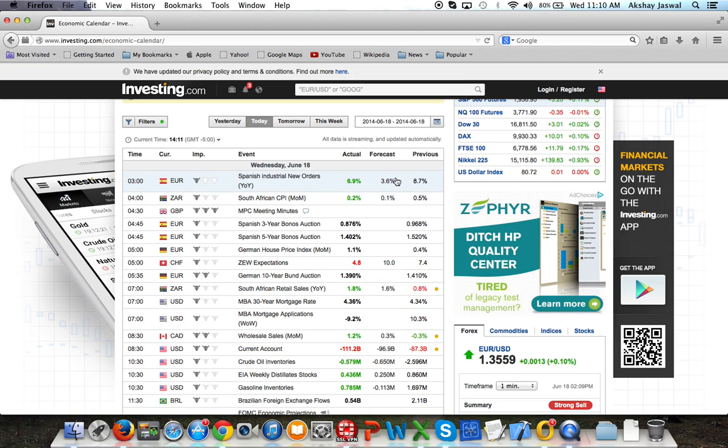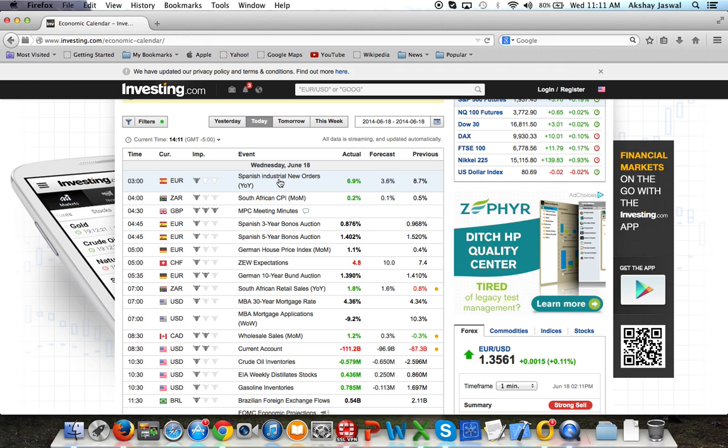Now if you see, the forecasted value for this event is 3.6%. The previous value was 8.7%, and the actual value came out to be 6.9%. So 6.9% is greater than the forecasted value. That's why this is in green.